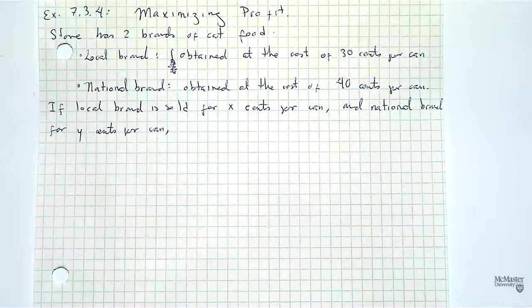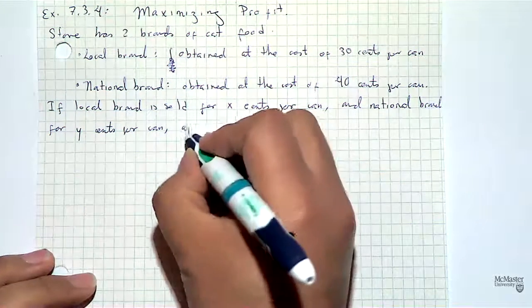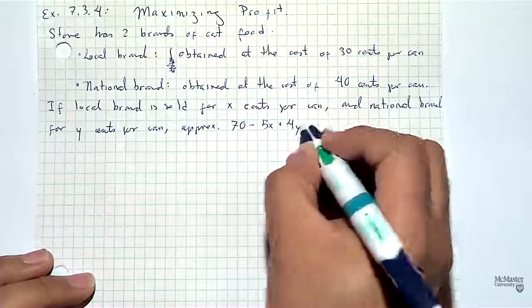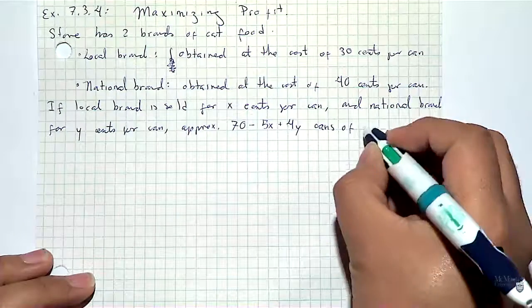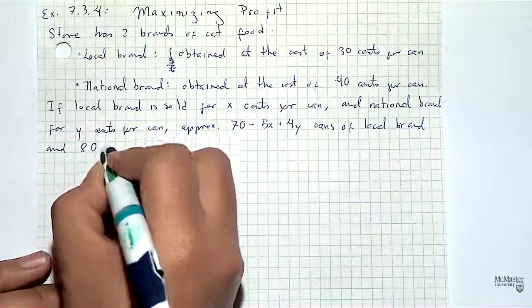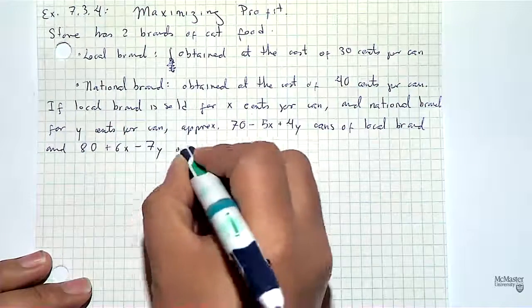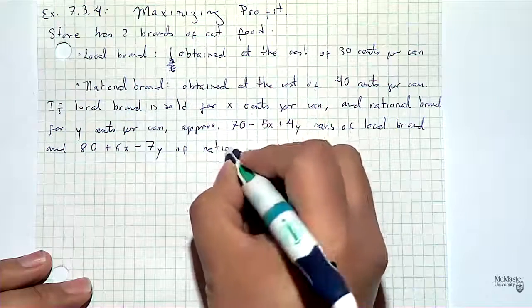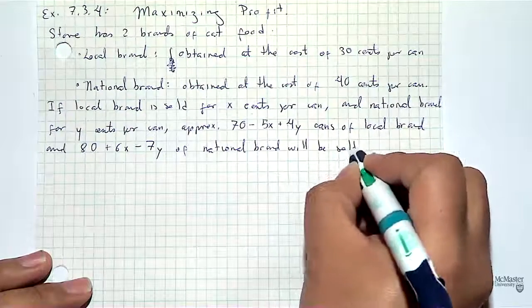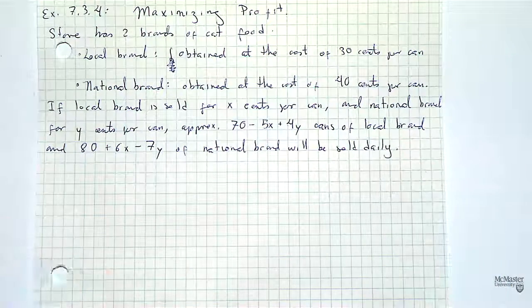Let's say that I'm Walmart in a way, and I have the head of intelligence of my business, and it gives me the function for what I will sell based on the price of the products. So approximately 70 minus 5x plus 4y cans of local brand, and 80 plus 6x minus 7y of the national brand will be sold daily. Somebody provided me that information.